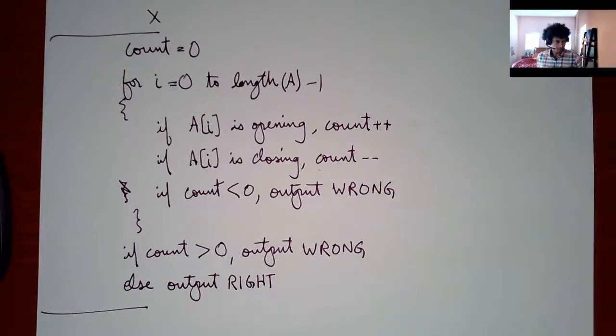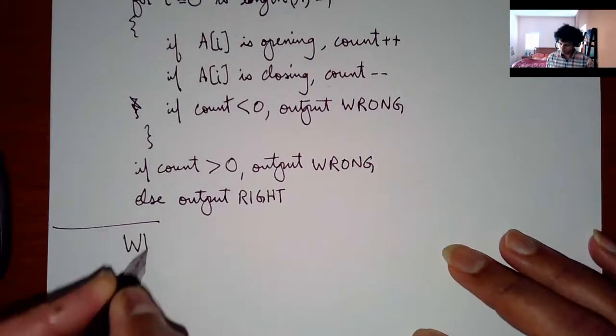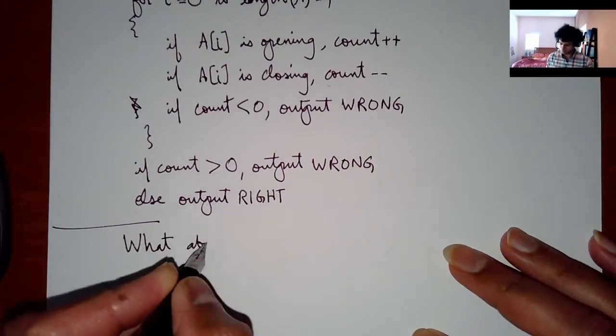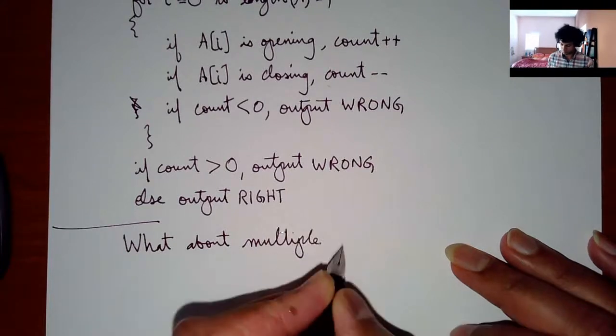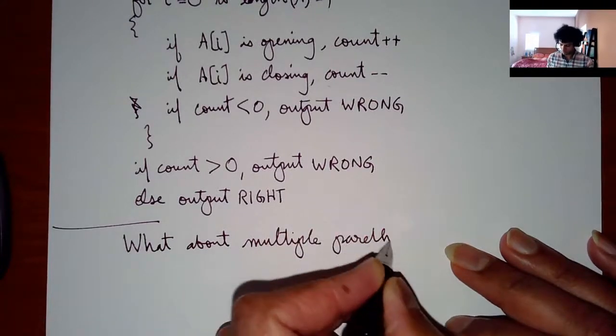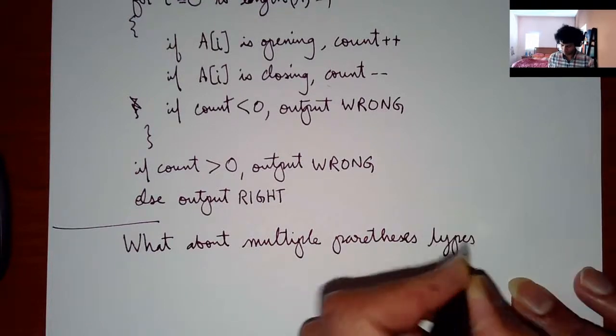Okay, so hopefully this is clear. So what about multiple parentheses types?